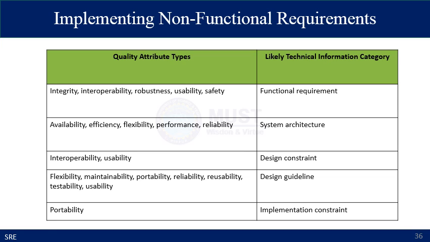So you can refer to this table as implementing non-functional requirements in terms of quality attribute types and their likely technical information category. If you have to achieve integrity, interoperability, robustness, usability, and safety, these requirements will most likely be called functional requirements.